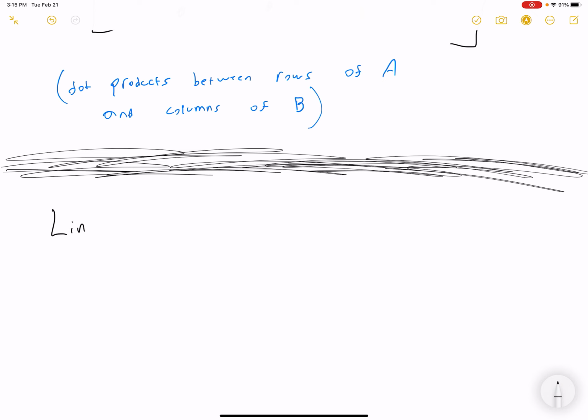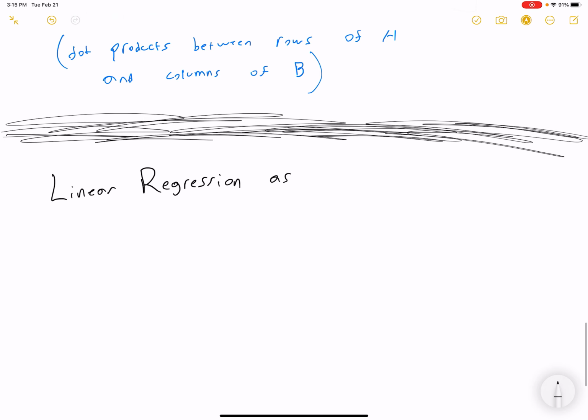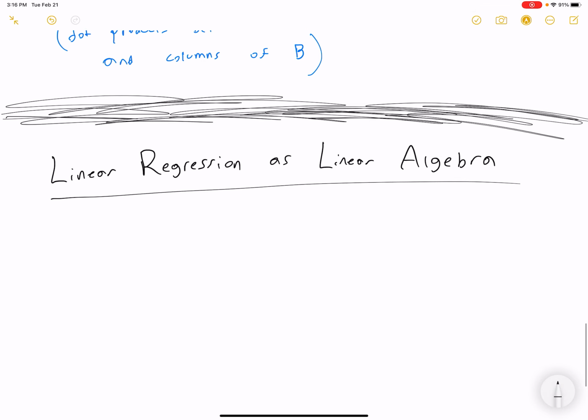But if you wanted to write linear regression as a linear algebra equation, and a lot of the mathematical machine learning resources write it this way, well, we know our equation for linear regression is as follows: W1 x1 plus ... plus Wn xn plus b.